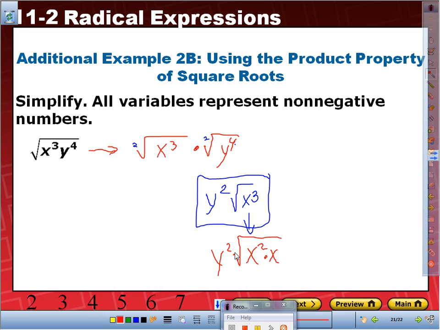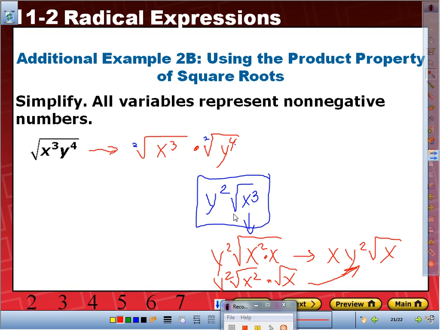So what happens to this exponent? It crosses out, so therefore we're left with x times y squared, and what stays inside the square root? X. And if you don't see it, we can split this one up like this: x squared times square root of x, bring this down, and that's how we get this. Are we there? Okay.